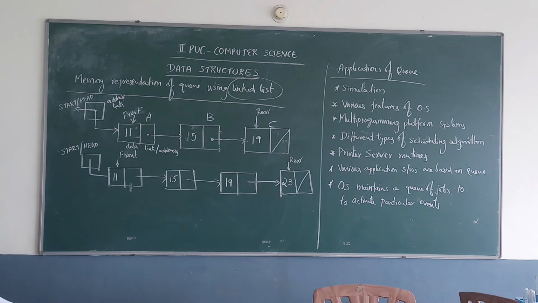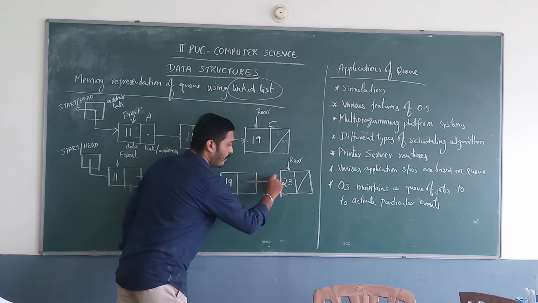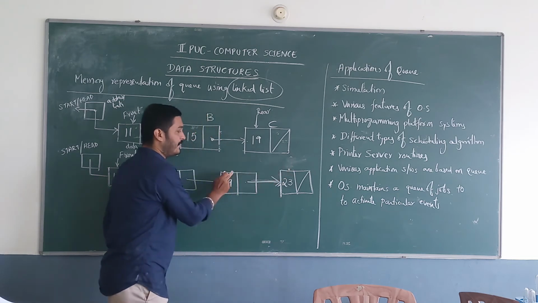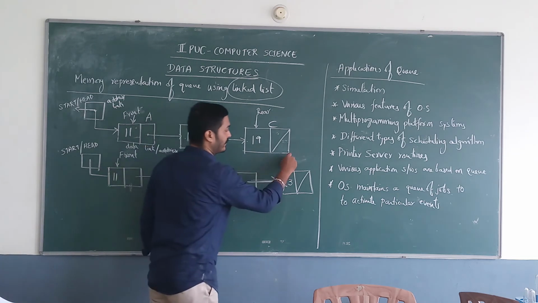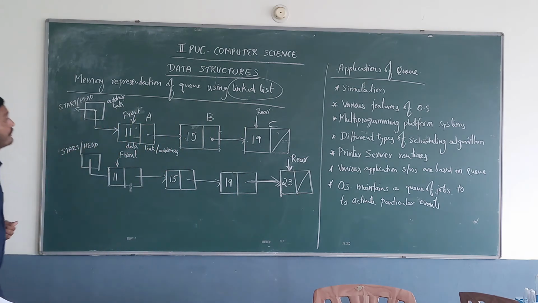Suppose you want to insert an element; what do we have to do? Rear will be incremented, and its address points to the next location. So these are about inserting an element or node into a queue data structure using the linked list concept.